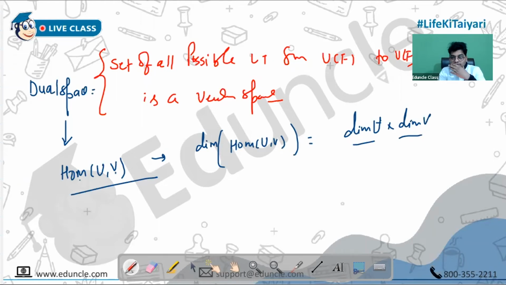And tell me, what is the problem you have in linear transformation Hom(U,V)? Yes. Do you have any problem in this problem? Yes. What is the problem in this problem? No problem. Done. The student who has asked this problem, whosoever has asked, please tell me if you have any problem, because this is clear.